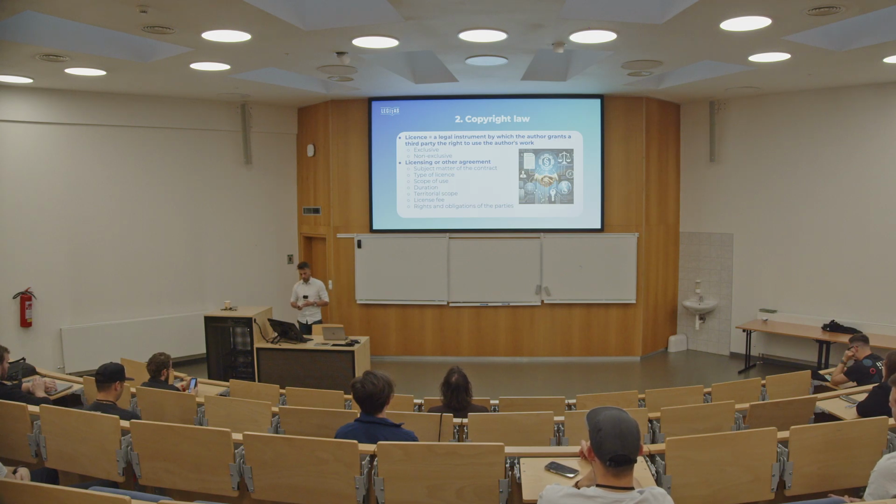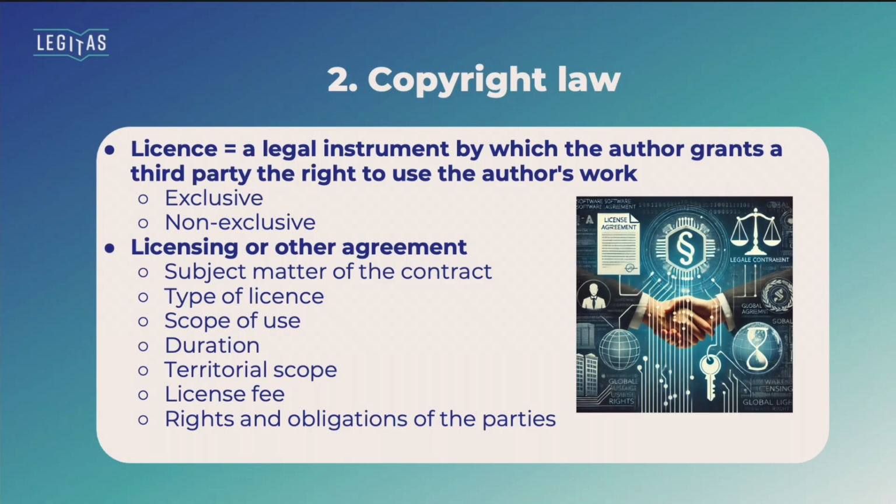We talk about how long the license will be for and its territorial scope, so whether the user will be able to use it in the Czech Republic, in the European Union, or the whole world. We also talk about the types of use, obviously the licensing fee, and other related parts.